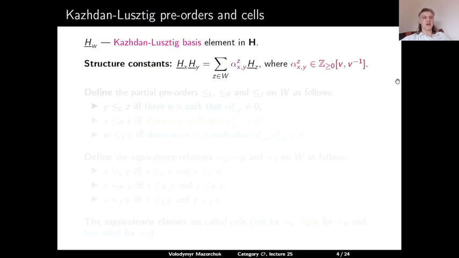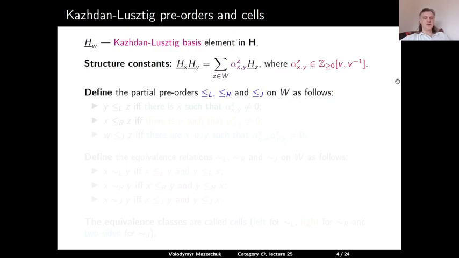So if I multiply h_x underlined with h_y underlined, I get a sum over all z in W of h_z underlined with a coefficient alpha_{x,y,z}. And each alpha_{x,y,z} is a Laurent polynomial in v with non-negative integer coefficients.